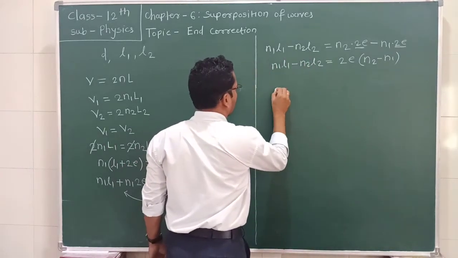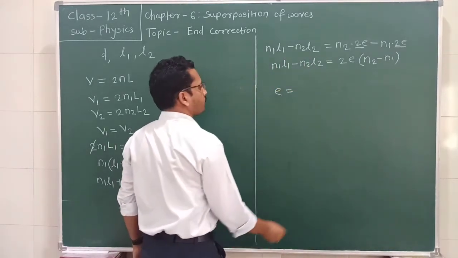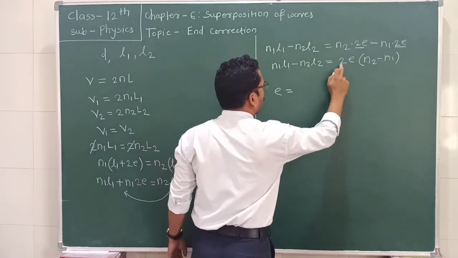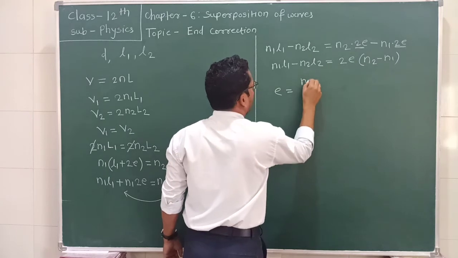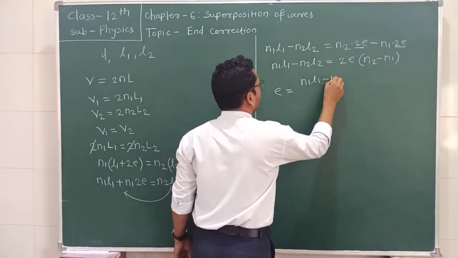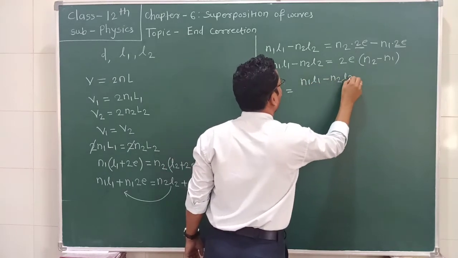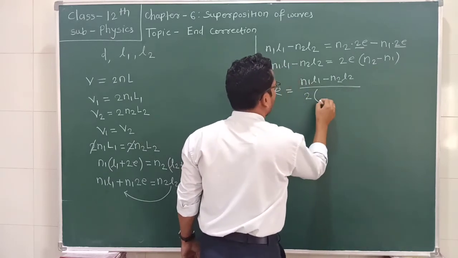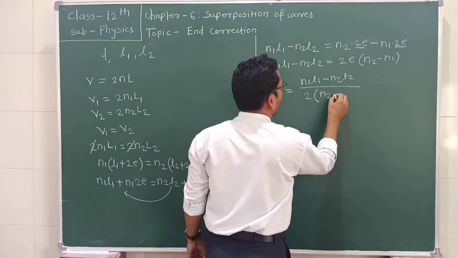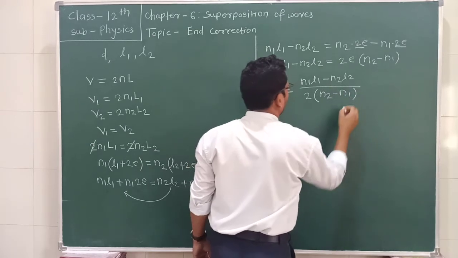Therefore E is equal to... E काढायचा आहे तर 2 आणि ही टर्म इकडे आणावं लागेल. तर इथं डिव्हिजन मध्ये येणार N1 L1 minus N2 L2 divided by 2 into N2 minus N1.